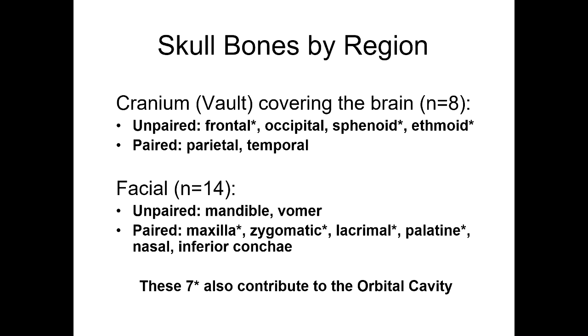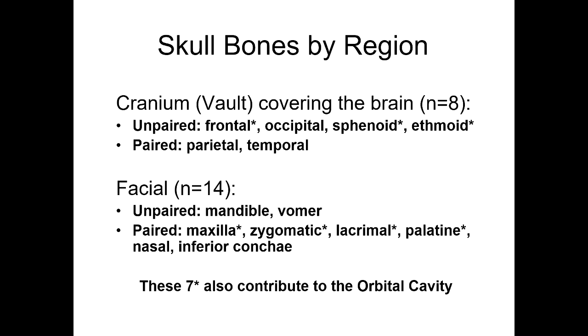The cranial vault, which comprises 8 separate bones, has these 4 bones which are single, they're unpaired. There's a frontal bone at the front, an occipital bone at the back, and these 2 bones, known as the sphenoid and the ethmoid, which are at the front of your skull, and in fact form parts of your orbital cavities.